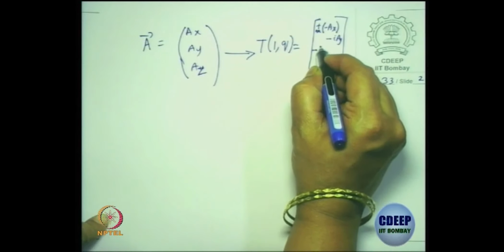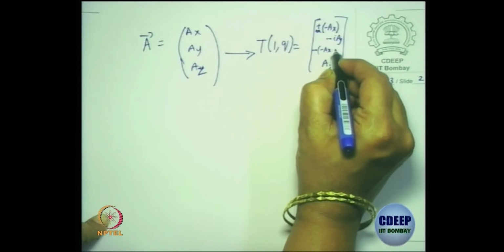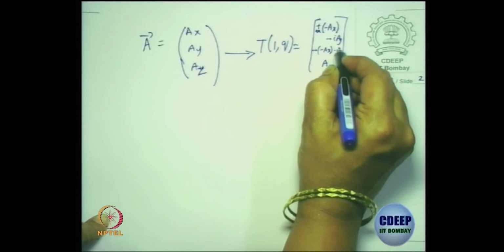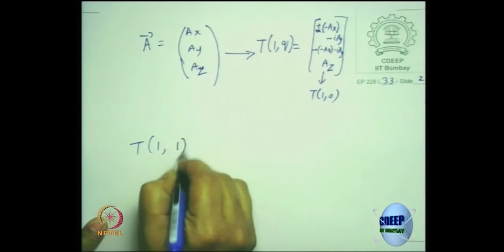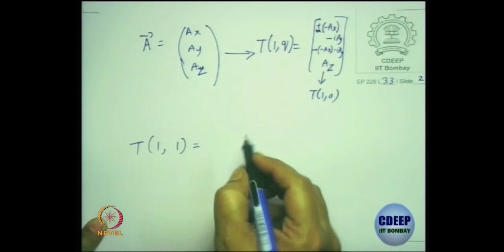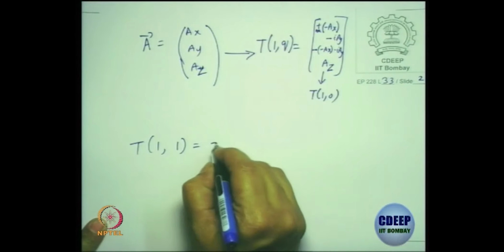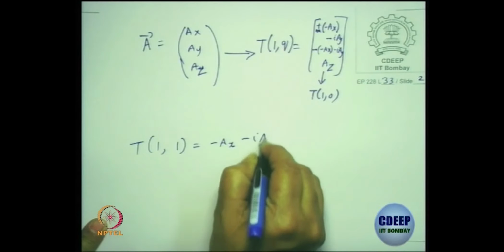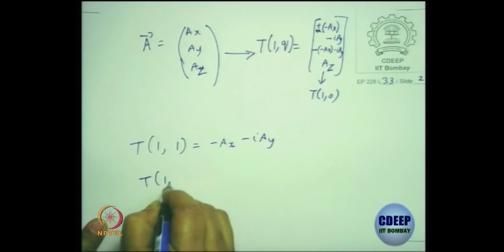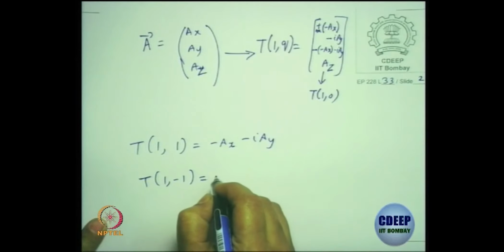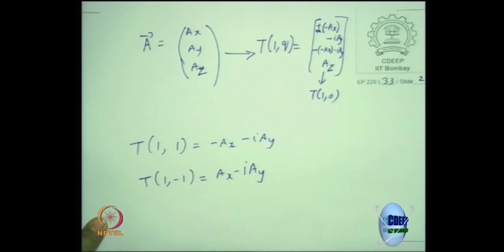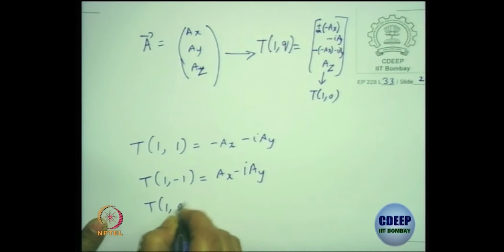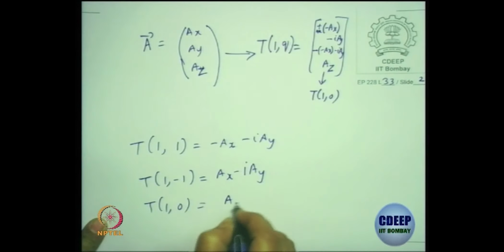So let me write T(1,1) for this vector A is minus Ax minus iAy, T(1,minus 1) is Ax minus iAy, and T(1,0) is Az, for any vector including position vectors.